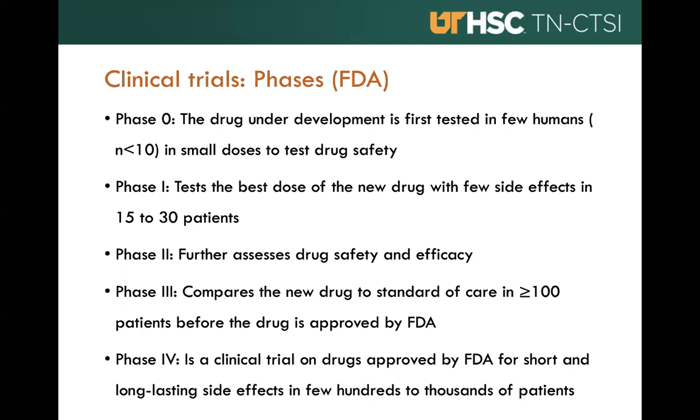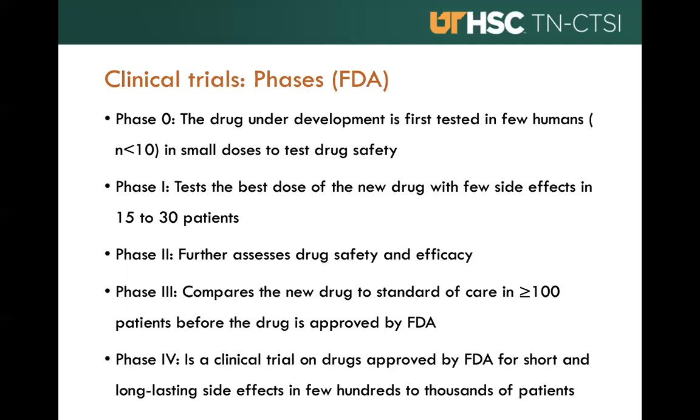In this phase, the drug under development is first tested in a few humans. Usually the sample size is less than 10 participants, in small doses, to test drug safety. Usually the preclinical phase of clinical trial takes place in animals like mice and the likes.